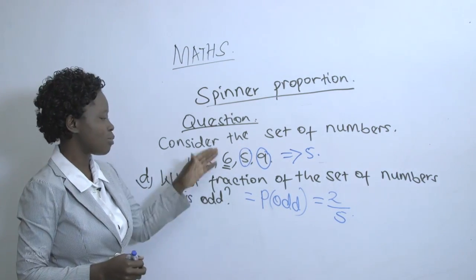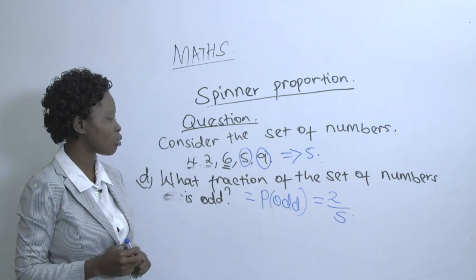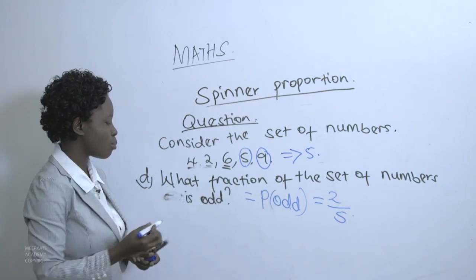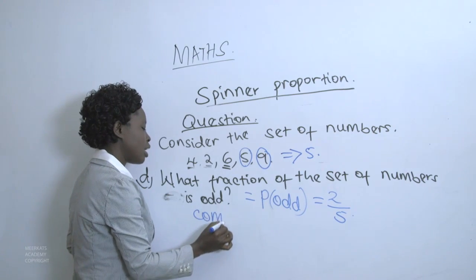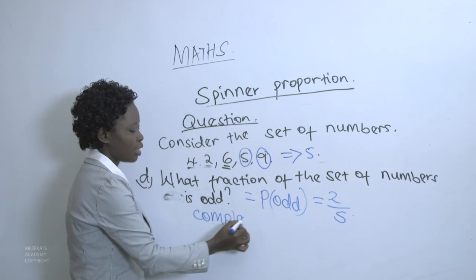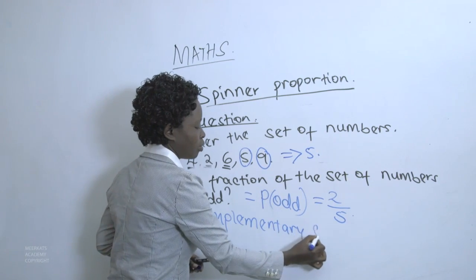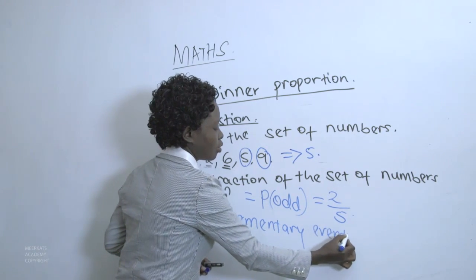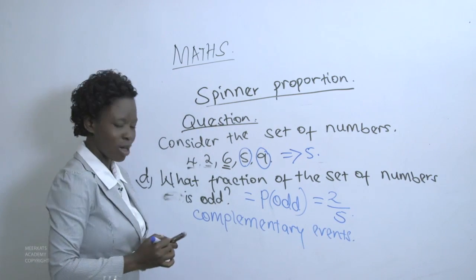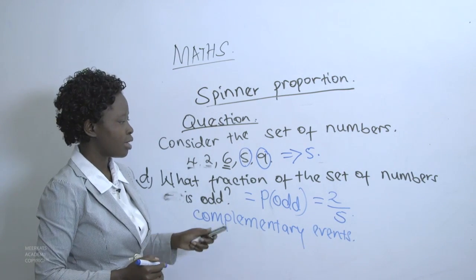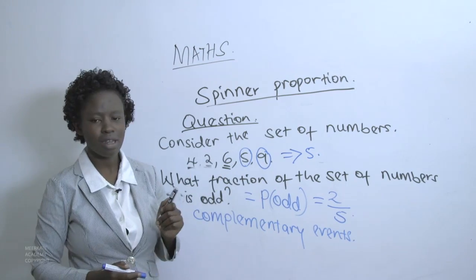Then we discover something. When we were describing the terms used in probability, we talked about complementary events. And we said that with complementary events, if one of the events occurs, the other event does not occur.